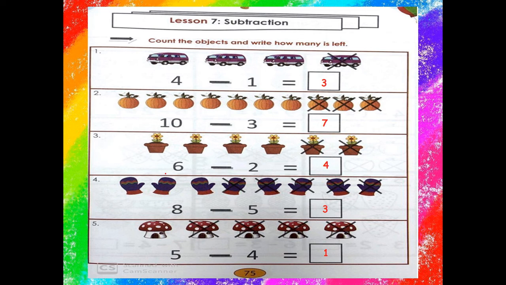And number 3, we have 6 pots. 1, 2, 3, 4, 5, 6. Take away or minus 2 X's here, equals 4. So there are 1, 2, 3, 4 pots left. Number 4, we have 8 minus 3 equals 5. And then in number 5, we have 5 minus 4 equals 1.